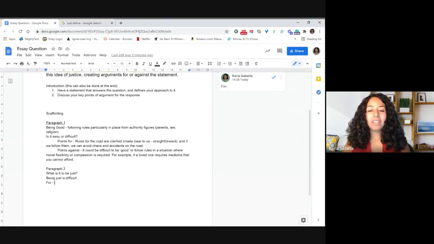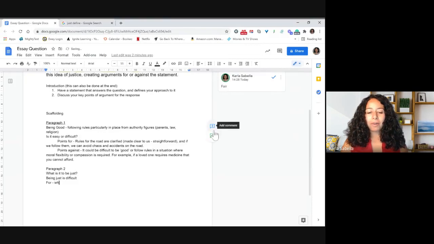If we go back to the traffic and road rules one, we've got this idea that if someone doesn't follow the rule, then they get a punishment. So if I park my car somewhere where it says no stopping and I get a ticket for that, then I would say that was just, from my perspective. Again, there's a lot of subjectivity here, but you could give that as an example.